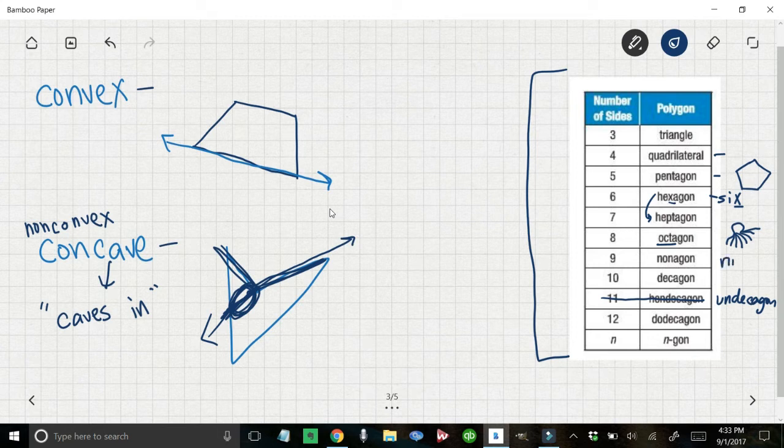Nonagon almost looks like the word 9. Decagon is 10. And then dodecagon is 12. So it's like do, like 2 plus 10 for decagon. And then anything else, and you can include 11 in this, we're going to just call an n-gon. So that might be like a 13-gon, and you could just write it like that, or a 20-gon.